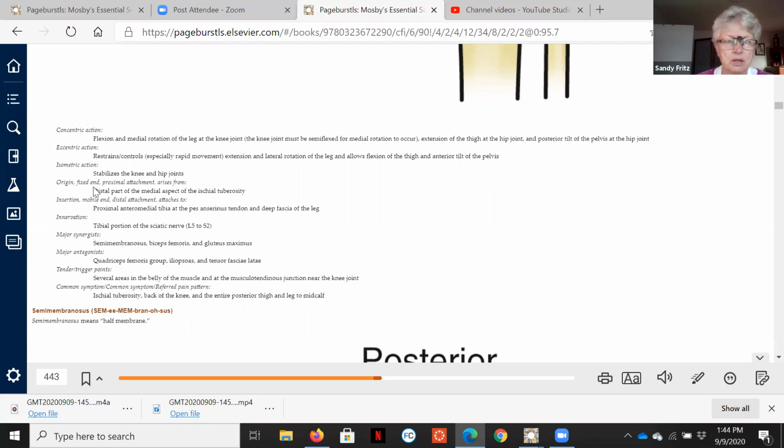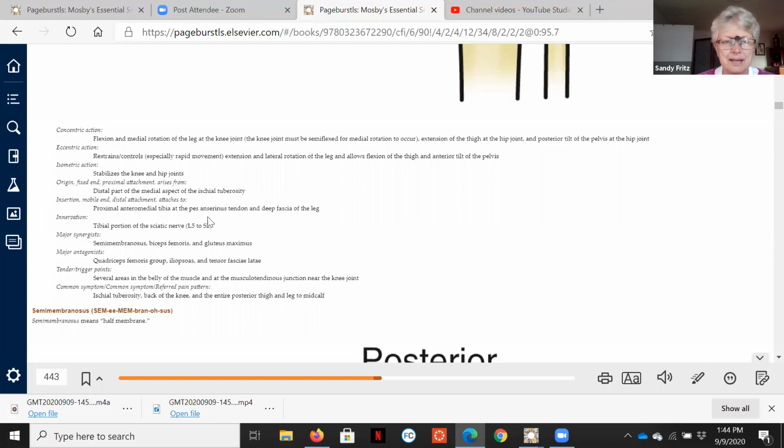We want to look and see and touch where the fixed end, the end that doesn't move very much, the origin, the proximal attachment. It's also on the ischial tuberosity. That's where you're sitting. And then the insertion, mobile end, distal attachment, is at the proximal anterior-medial tibia at the pes anserinus, or anserine.